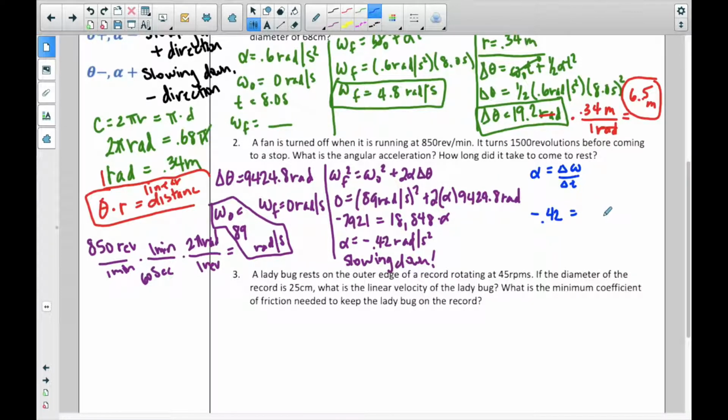Our change in velocity was 89 radians per second, and that was a negative change, and that can give us the time. So now we just have to rework this equation and find time. So we're going to take negative 89, divide by negative 0.42, and we should get 211.